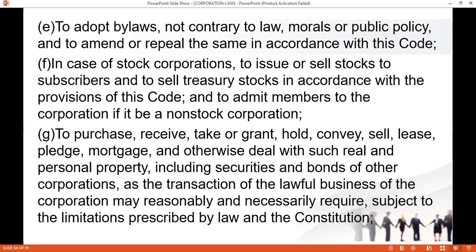To purchase, receive, grant, or take, hold, convey, sell, lease, pledge, mortgage, and otherwise deal with such real and personal property. This is incidental power din. At the same time, nilagay na din sa batas, so naging express na din siya. Including securities and bonds of other corporations, as the transaction of the lawful business of the corporation may reasonably and necessarily require, subject to the limitations prescribed by law and the Constitution.